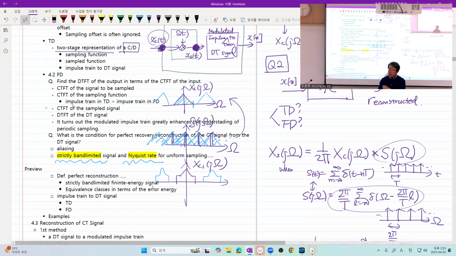In one of the previous class meetings, I classified continuous time signals as absolutely integrable and square integrable, and similarly DT signals as absolutely summable and square summable. Square summable DT signals, or square integrable CT signals, have a very nice property. What was that?